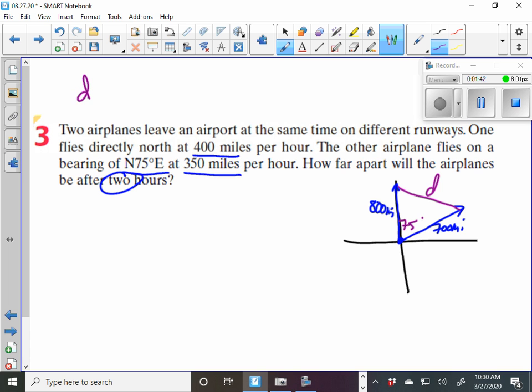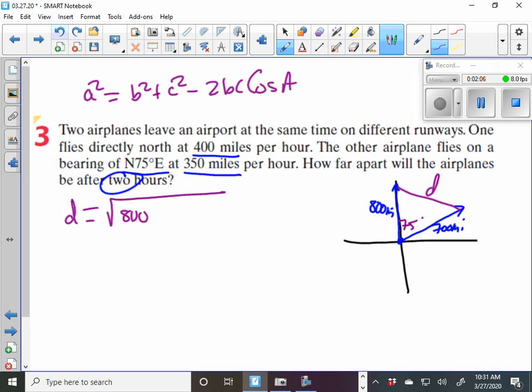Law of cosines allows us to find the distance. Remember, a squared equals b squared plus c squared minus 2bc cosine A. That allows me to take the square root of both sides, and I'm going to call it d equals the square root of that mess. 800 squared plus 700 squared minus 2 times 800 times 700 cosine of 75.